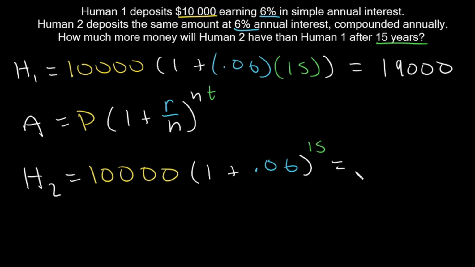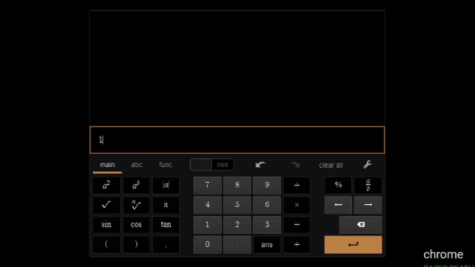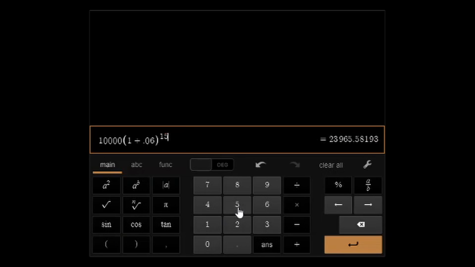So now let's throw this into a calculator to see how much money Human 2 has. So $10,000 multiplied by 1 plus 0.06, and then we raise that to the 15th power. So Human 2 is going to have $23,965.58.